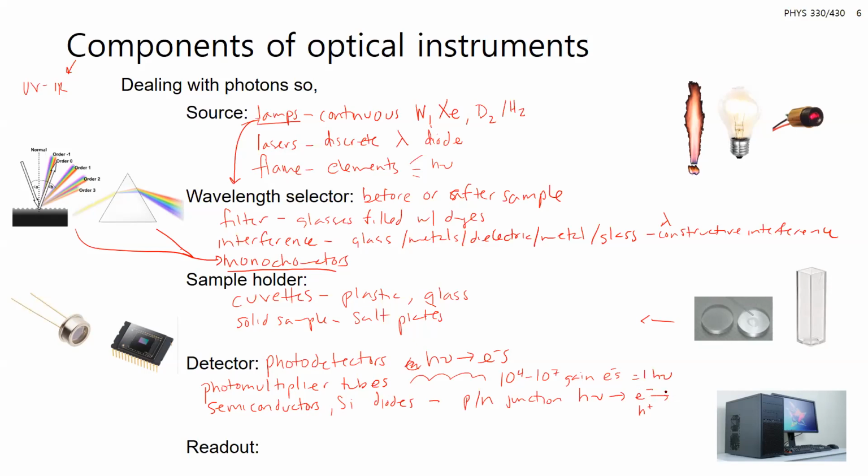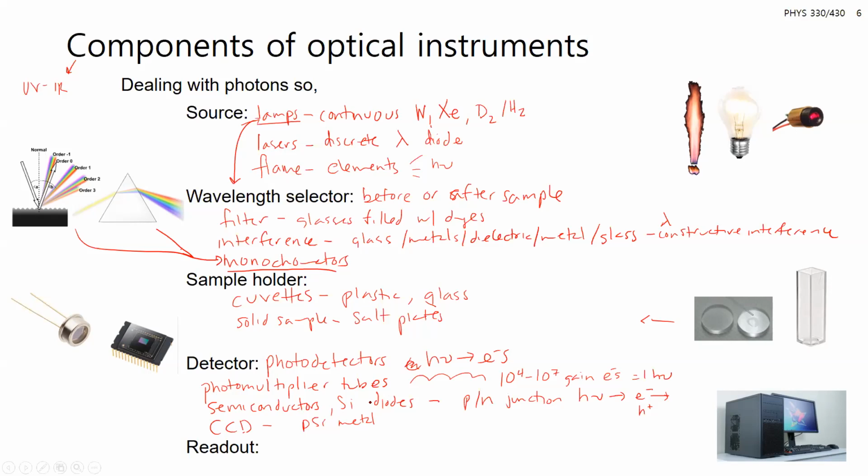And based on that, you can then detect that electron. And then also charge coupled device detectors have a very similar setup, with a potential difference where you have p-doped silicon and a metal. And again, that photon will create an electron-hole pair, and you can detect those.